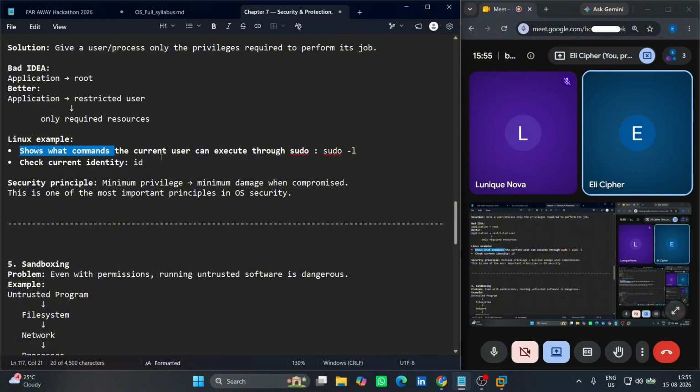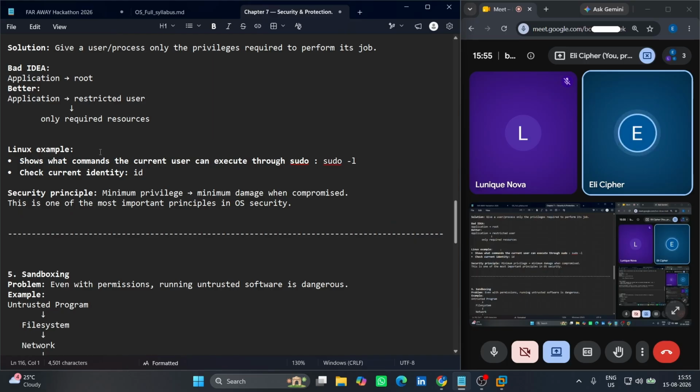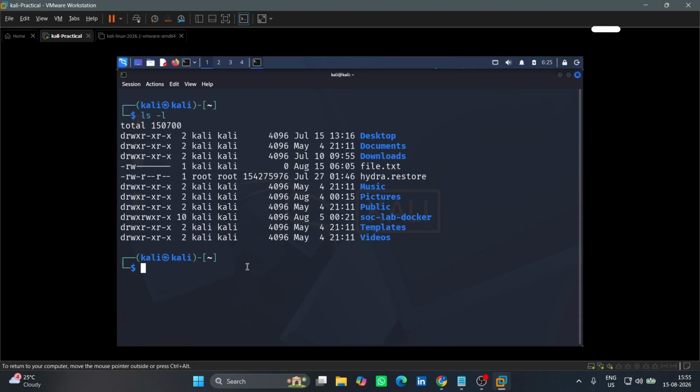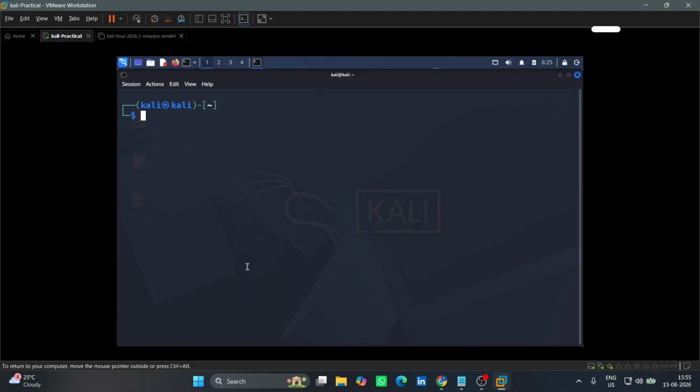For this particular Linux experiment, if you want to show the commands which the sudo user is given to execute, you can use sudo -l, right? Let's run it. Clear. Kali user is my sudo user on this machine. So sudo -l. Run.